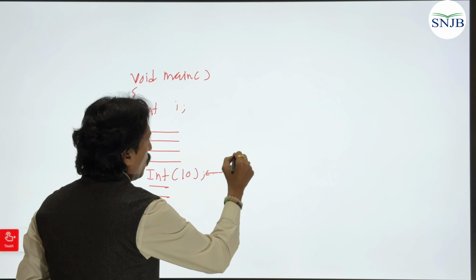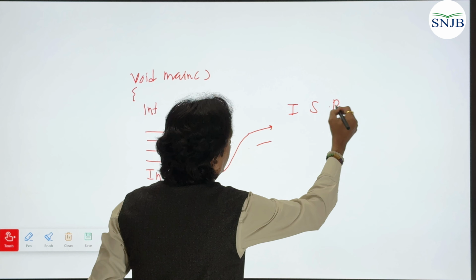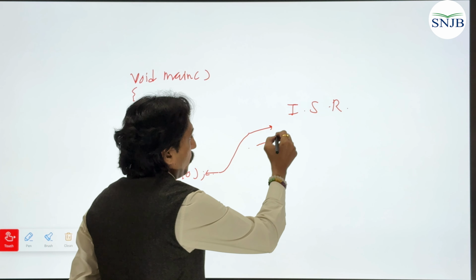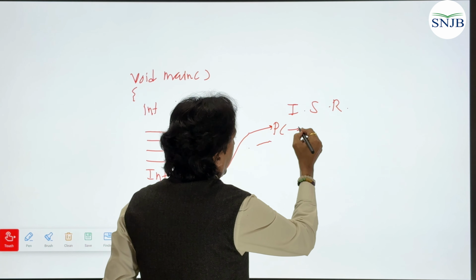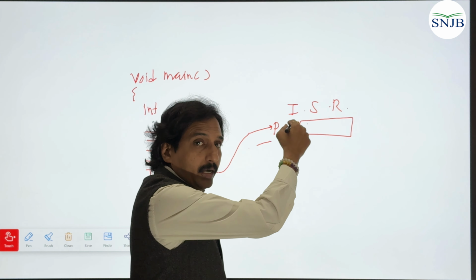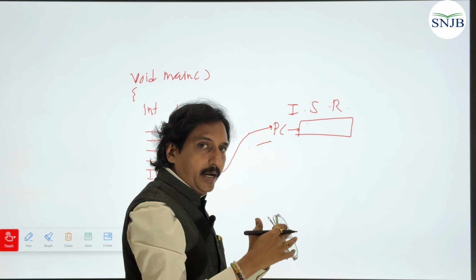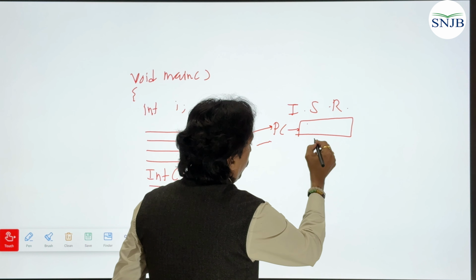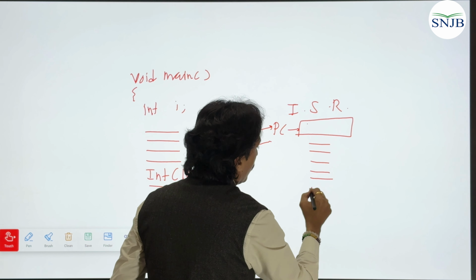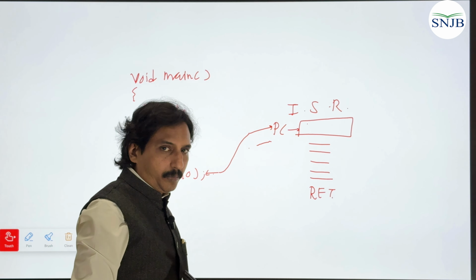It goes to the interrupt service routine which is written for interrupt number 10. Our program counter points to the first memory location of the instruction written for the interrupt service routine, and it loads it, decodes it, executes it. First instruction, second instruction, likewise, until it receives the return from the interrupt.